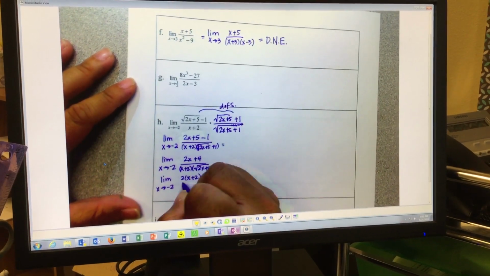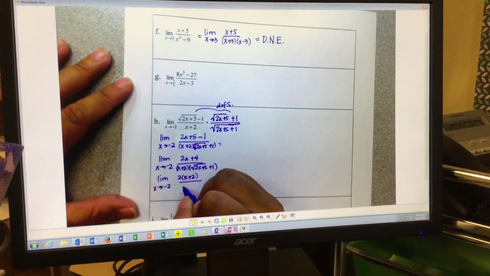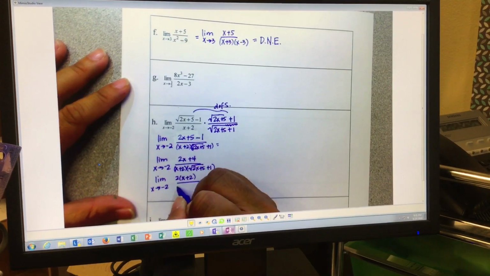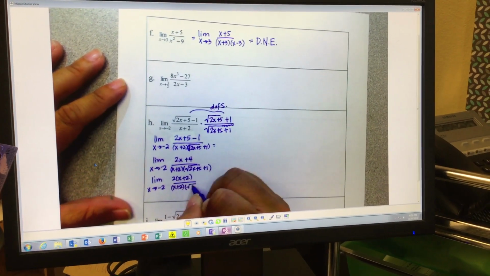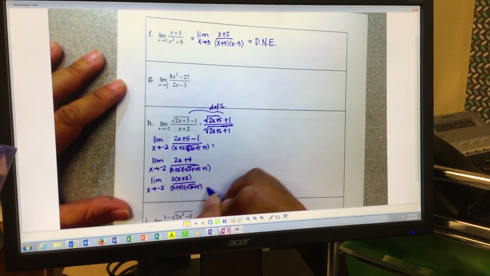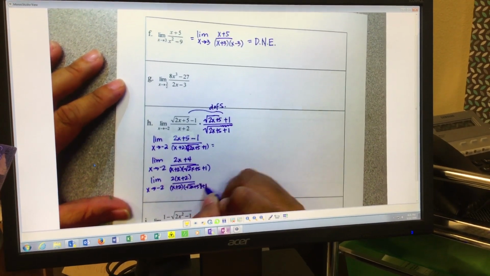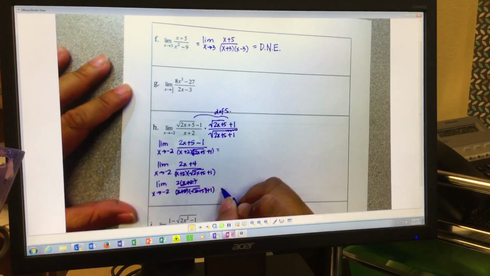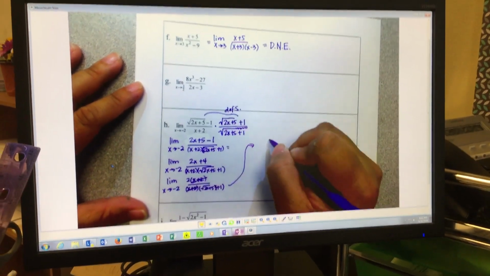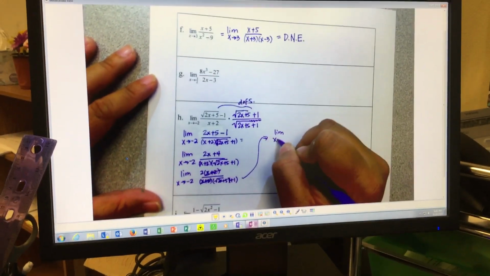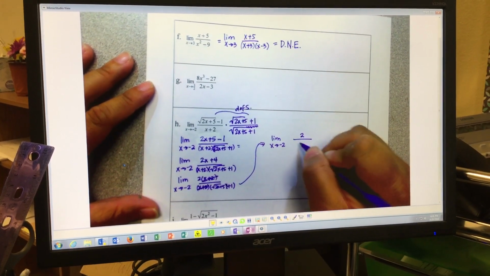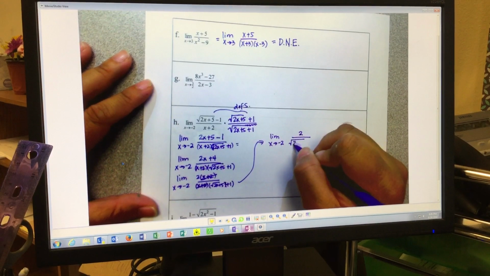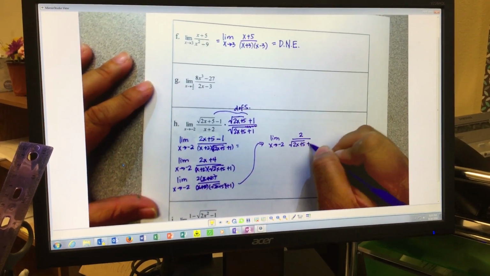This would be 2 times x plus 2, and that will cancel out with one of the items on the bottom. So I'll have the limit as x approaches negative 2 with 2 on the top and the square root of 2x plus 5, plus 1 on the bottom.